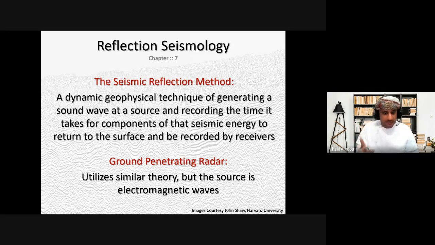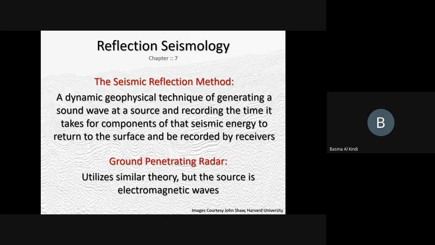So if I ask you right now, I think you are following along with me, which of these methods can penetrate deeper into the ground, seismic reflection or ground penetrating radar? Deeper. Seismic reflection. Yes, seismic.